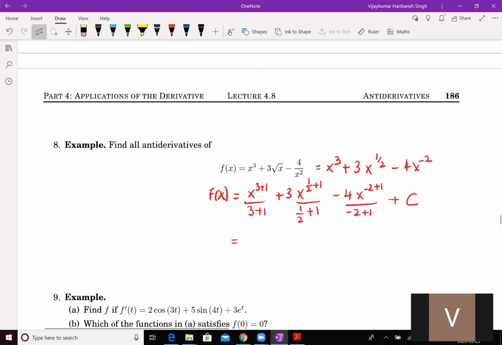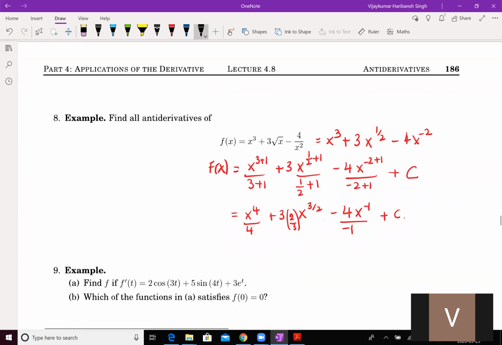So here we get x to the power 4 by 4, plus 3 times x to the power 3 by 2 divided by 3 by 2, that is multiplying by 2 by 3, minus 4x to the power minus 1 divided by minus 1, plus c. So this is your antiderivative already done. If you want to simplify it further, please go ahead.